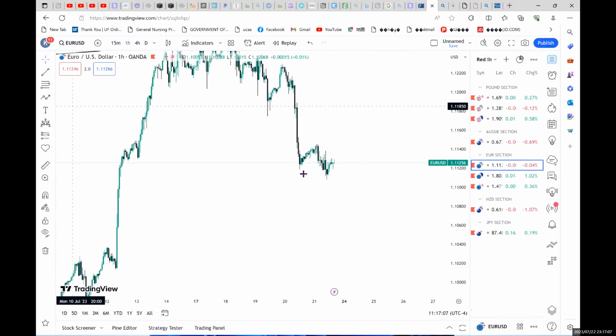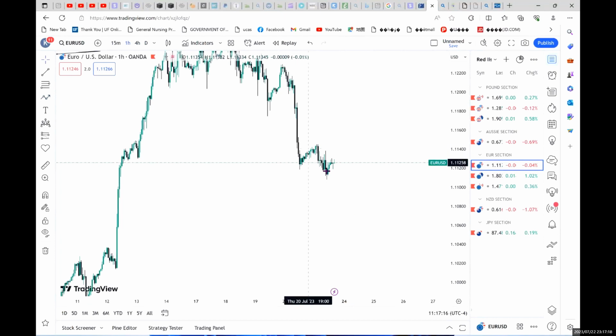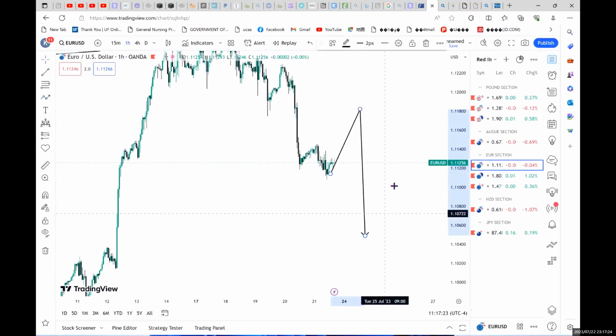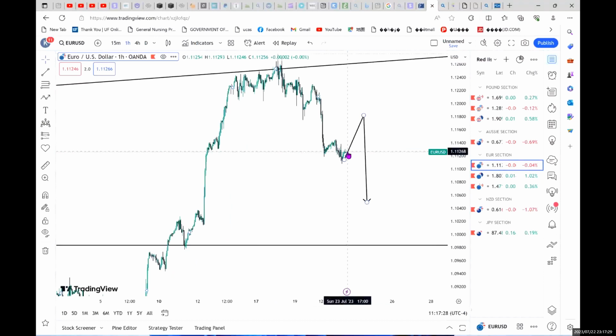As you can see, price gave us this break here, so price can come up and start dropping from here, or we can get a deeper pullback and start dropping. But overall, I'm looking for sells on EURUSD.